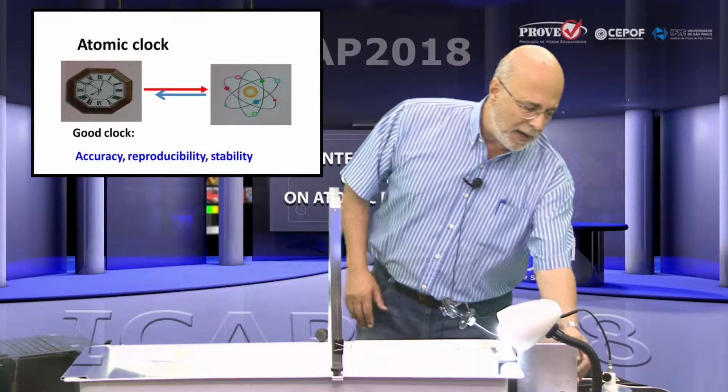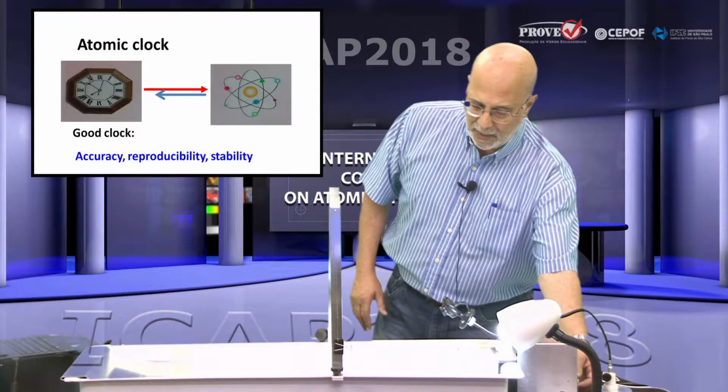Okay, first of all, I have to show you what a wave is. Here I have a water tank, and the water is the medium in which we're going to produce oscillations. The oscillations here are like the waves in the sea. It's water going up and down, but the water actually does not propagate. What propagates is the energy that I'm putting in the water.